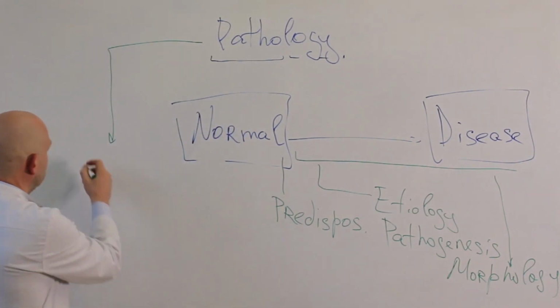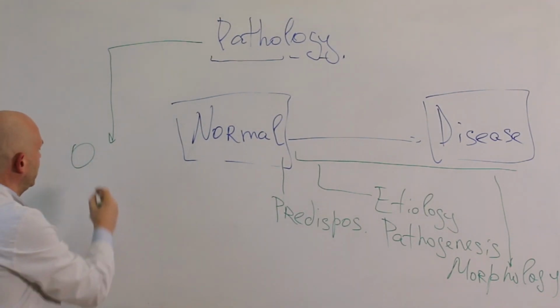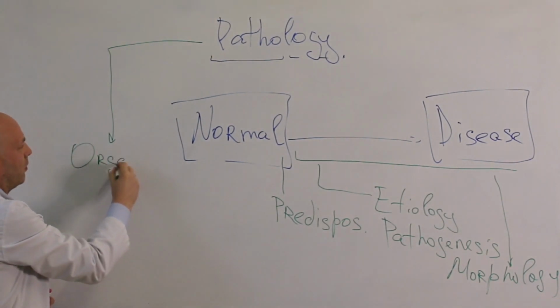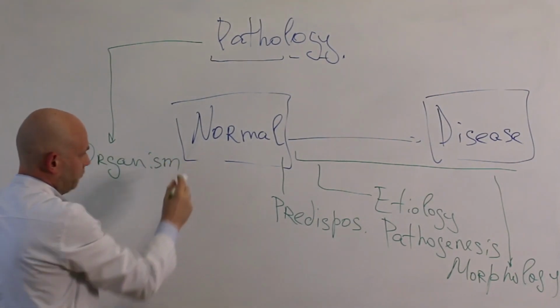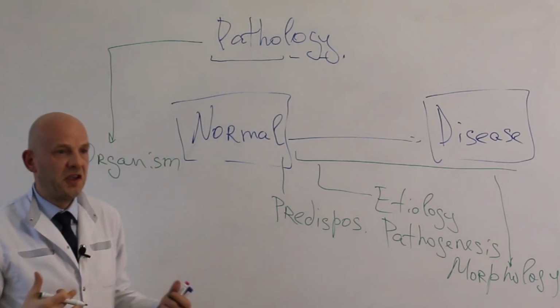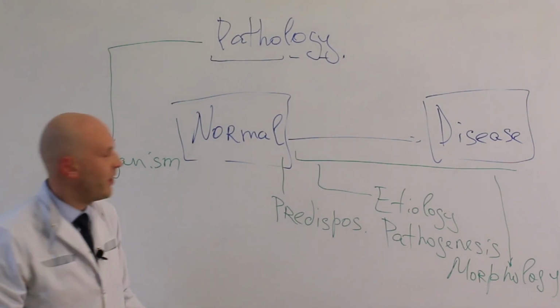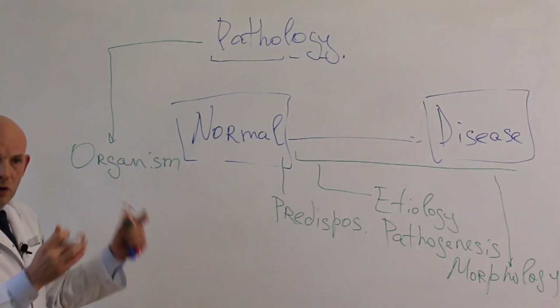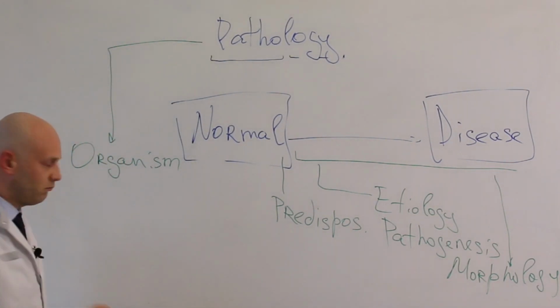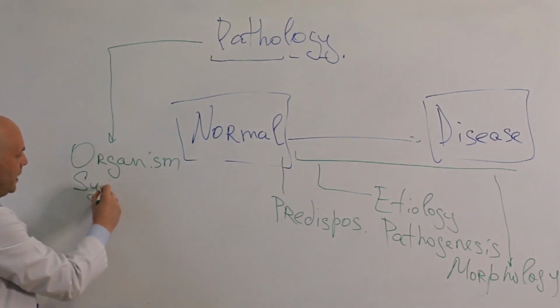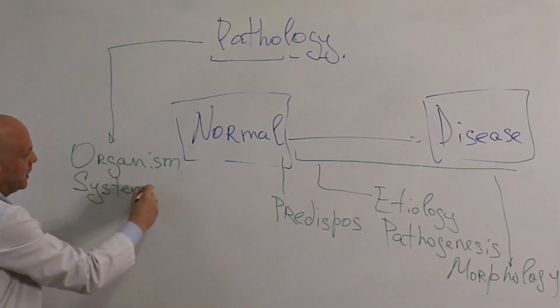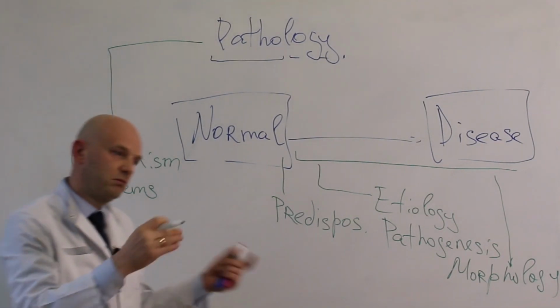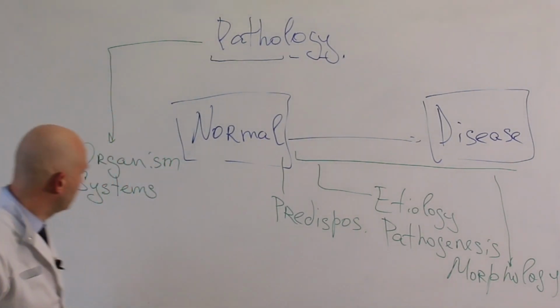The biggest one is the organism level, as a macroorganism, the human body taken as a whole. Then the organism consists of systems. So the next level is the systems of organs, or systemic organ classes.